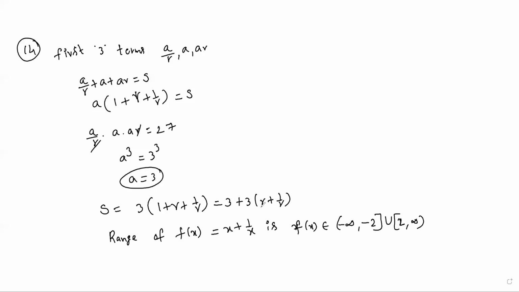But we have the function not only in the form of x plus 1 by x, 3 into it, again plus 3 is there. That's why, if you multiply by this 3, what will you get?